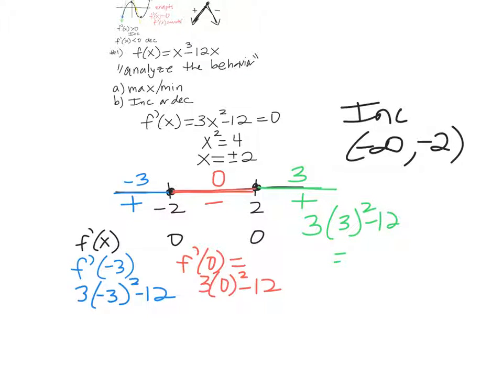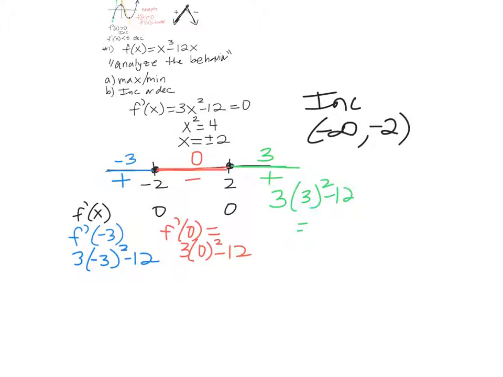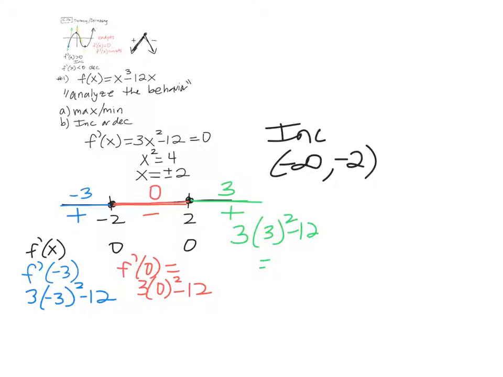I don't care either way. When I learned it, it was a parenthesis. Now they're saying it's a bracket. Either way, whatever. I'm not particular on that. It's also increasing from 2 to infinity because that's where the derivative is positive. This graph is decreasing from negative 2 to 2.